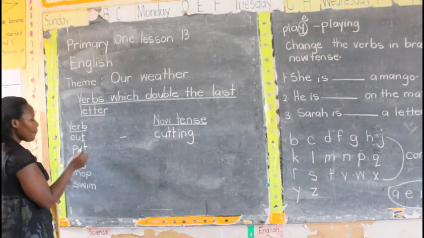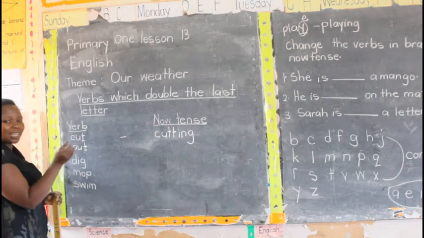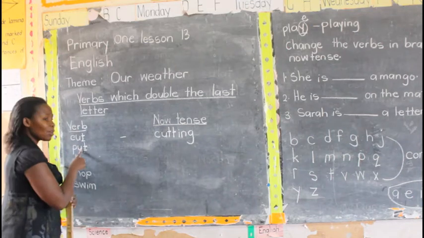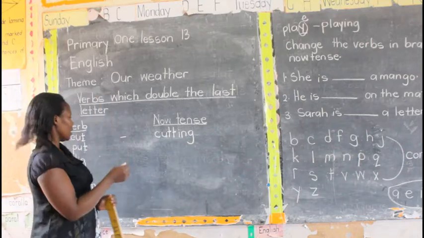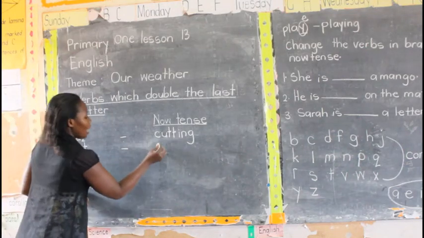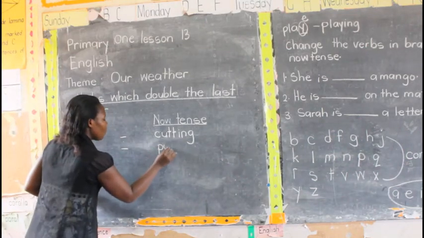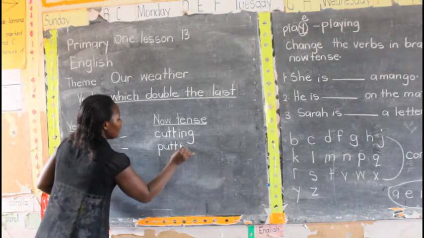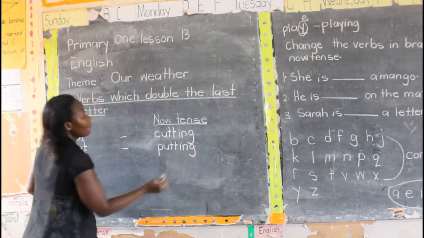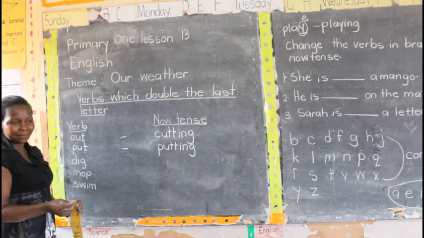Our second example, put. The last letter is a consonant letter, near one vowel letter, and it is sounding as a consonant. Put. So when we are changing to now tense, we are going to double put. We make these ones 2 and add I-N-G. Putting. Yes?